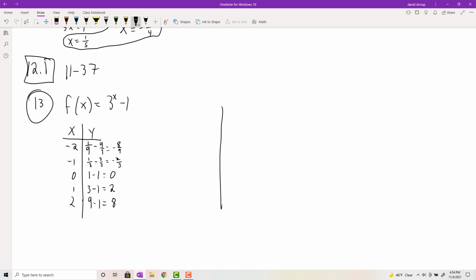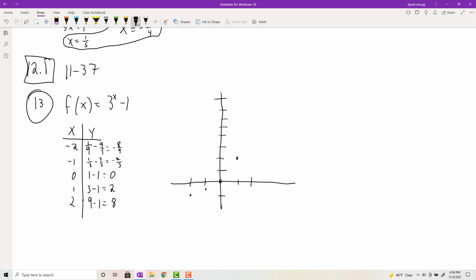Okay, so let's go over here and graph the thing. Kind of trying this. This goes over to negative 2. So at negative 2, it's negative 8/9. It's right before negative 1. Negative 2/3 then. At 0, it's 0. At 1, it's 2.